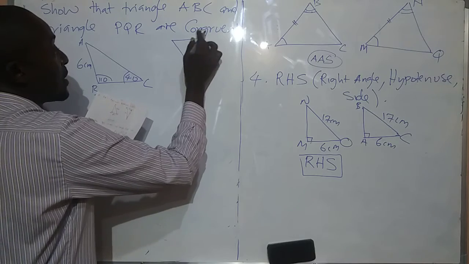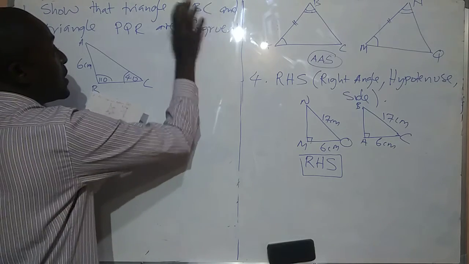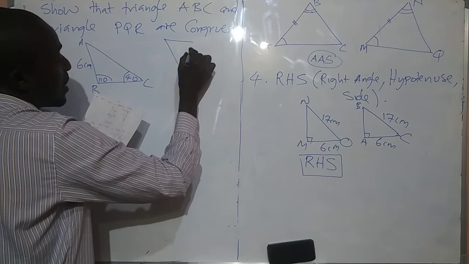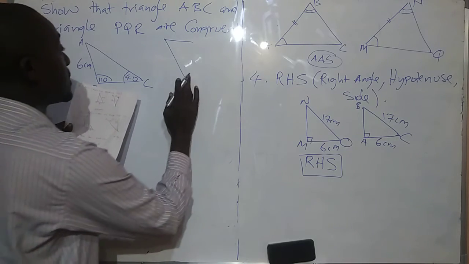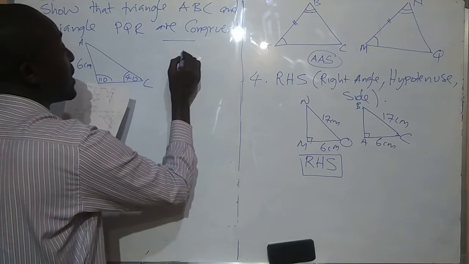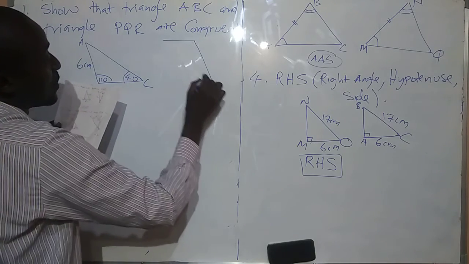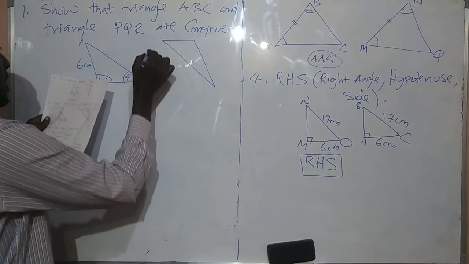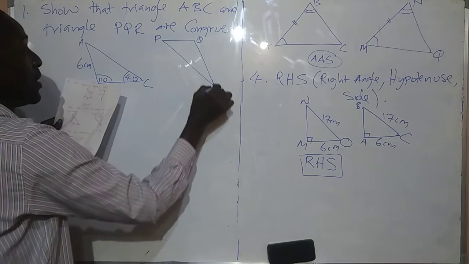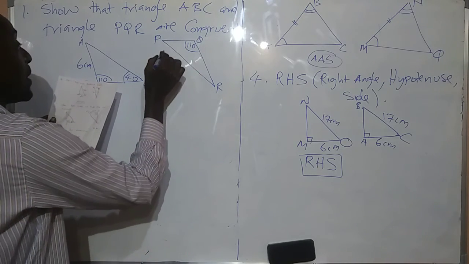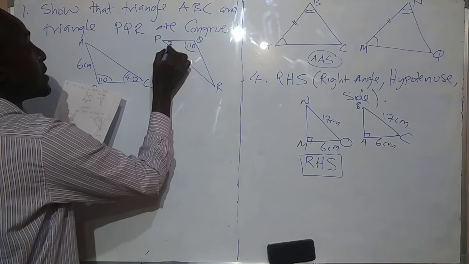Okay, the other triangle is, let's see how is the triangle. Okay, we draw a line there, and then we do this. Okay, so P, Q, R, you have 110 here, you have 30 here.